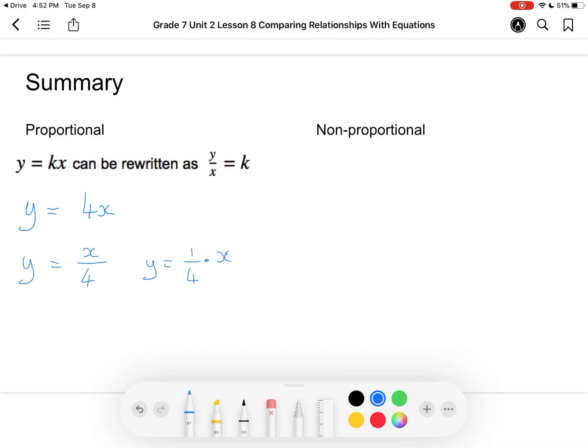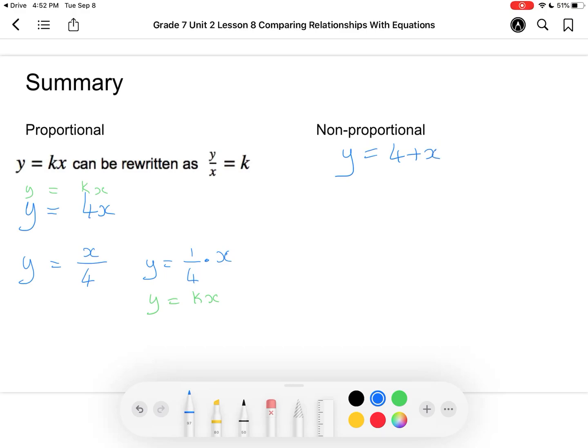In both these cases, these are in the form y equals kx, where k is equal to 4 up here, and k is equal to 1/4 in this example. So these two are proportional.